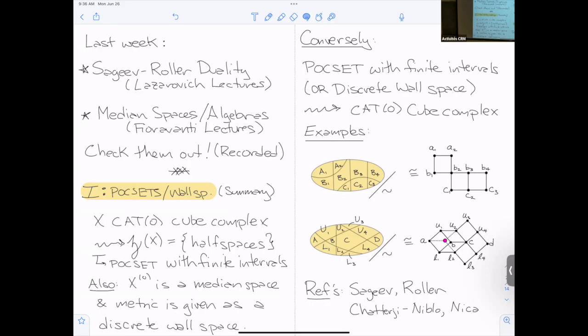So with this structure in place, this canonical CAT(0) cube complex will contain the original space modulo this equivalence relation, but it may have additional parts. Okay, so this is a summary of discrete wall spaces or equivalently POC sets. And some references here are Sageev and Roller, Chatterji, Niblo, and Nica.